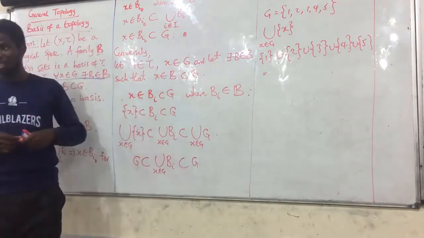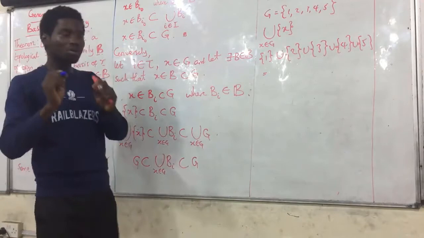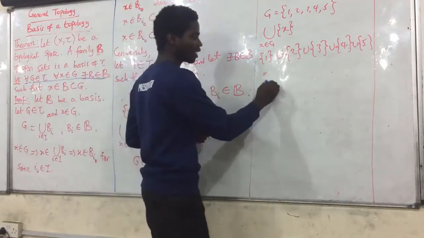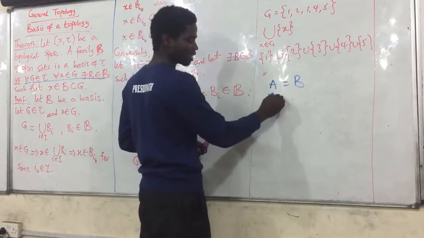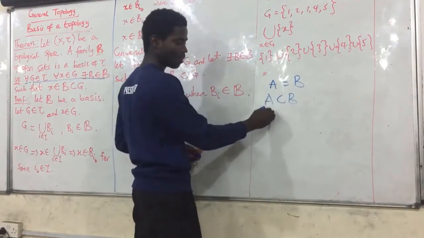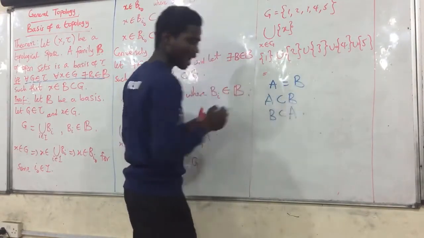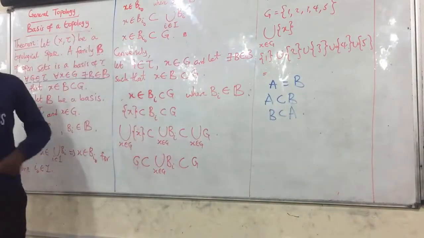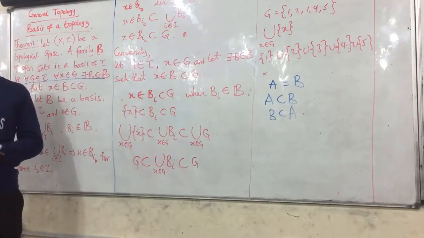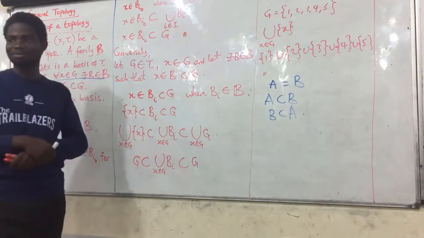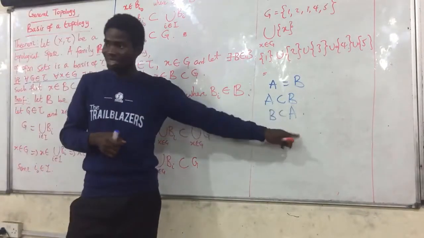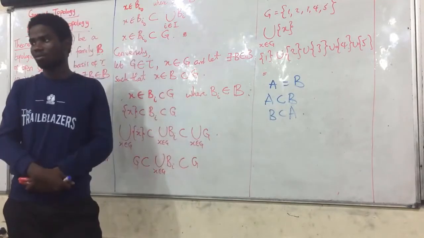Do you understand? Now, for a set to be equal to another, if they say a set A is equal to a set B, what does that mean? It means that A is inside B, isn't it? And B is inside A. See now. If they do it, does it mean we have to put a slash under that inside? Not necessary. If A is inside B and B is inside A, it means they are equal.